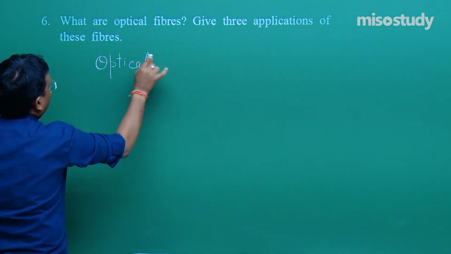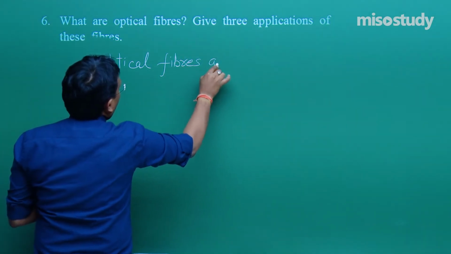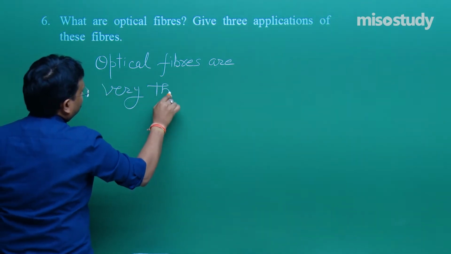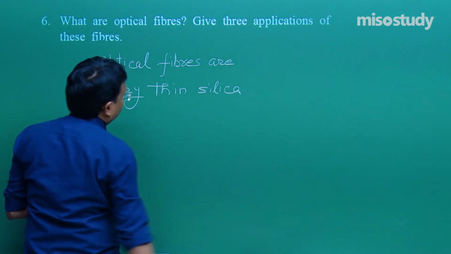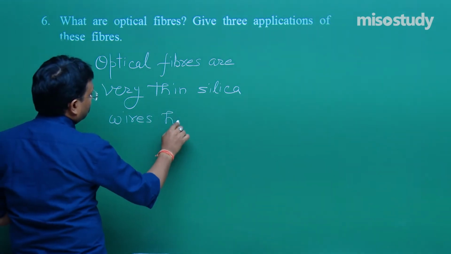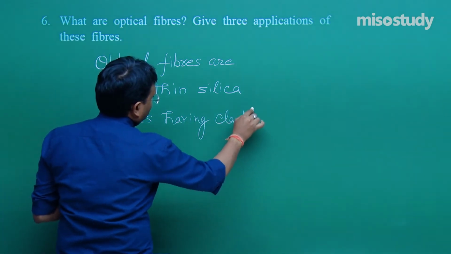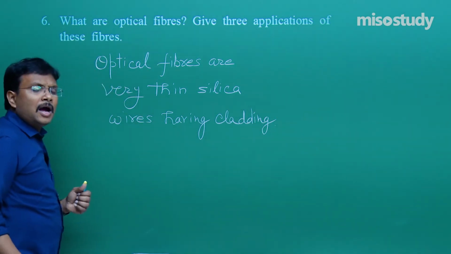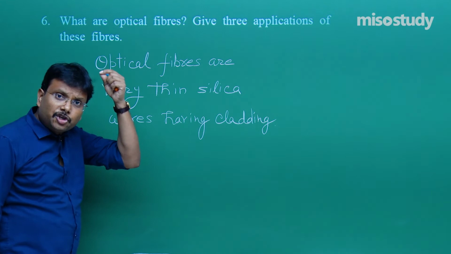Optical fibers are very thin wires having cladding, fine, I mean covered in that, and the thickness of these optical fibers is just like our hairs, a few microns thick.